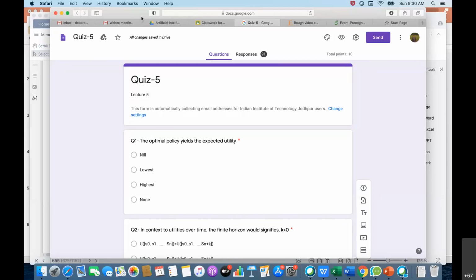Try to submit it within 10 days, because after that the assignments may not be considered. Okay. Nikhil, I have already noticed that, and the time bound is not applicable for it.